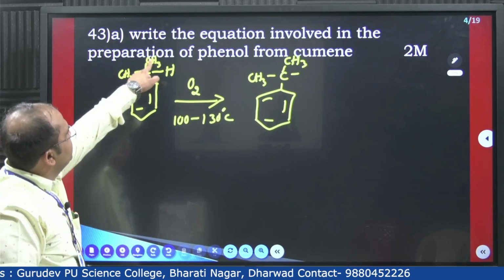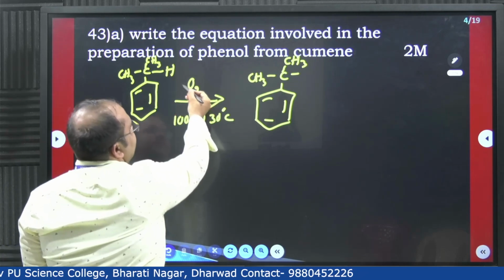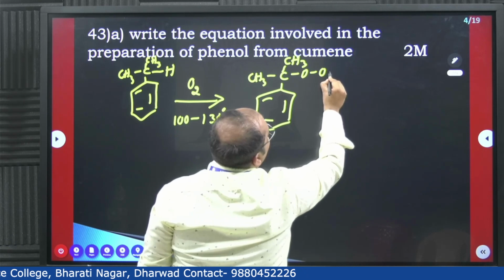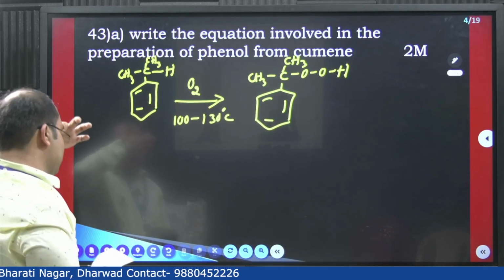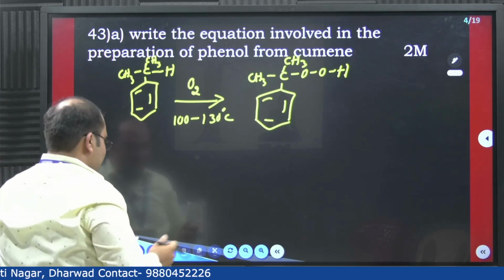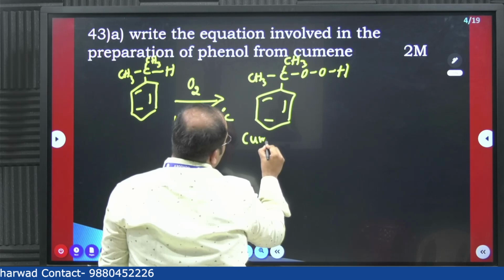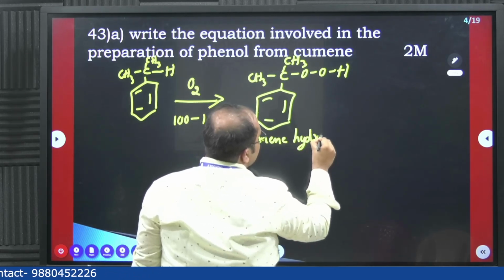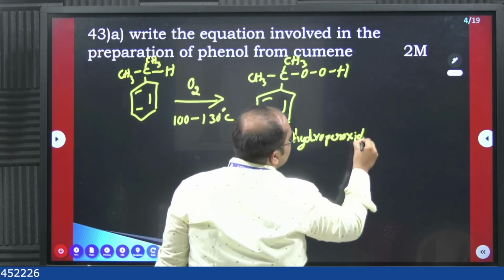This is CH3, this is CH3, both kept the same. They ask to add 2 molecules of oxygen and we keep the same hydrogen as it is. We can call it cumene hydroperoxide, right?